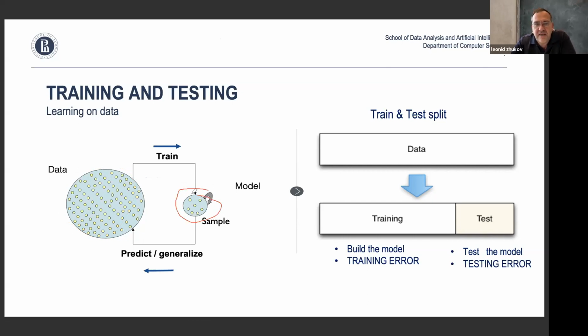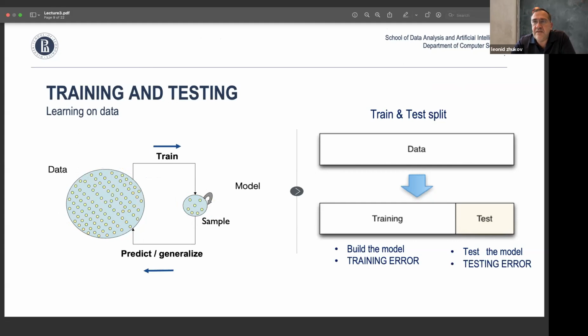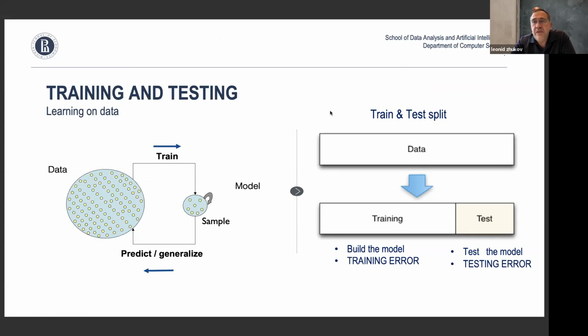So we take this data, we split it in two pieces, we train on one piece, and we verify the quality of the model on another piece, right? Now, one sec, I need to move the screen. Okay. Now, this is the train test paradigm.